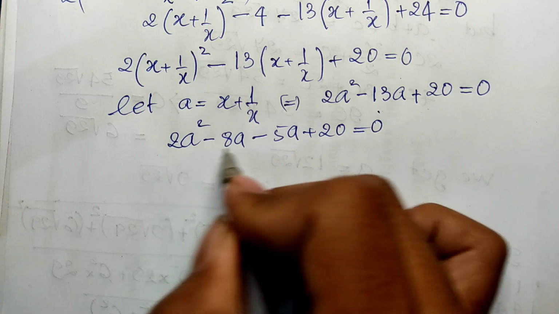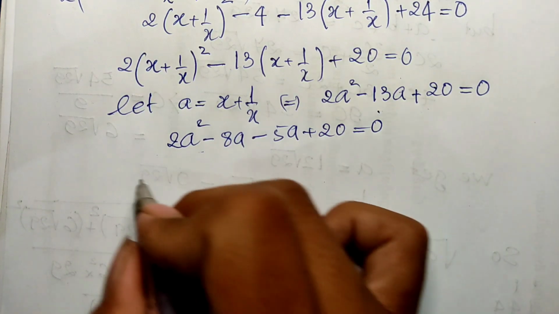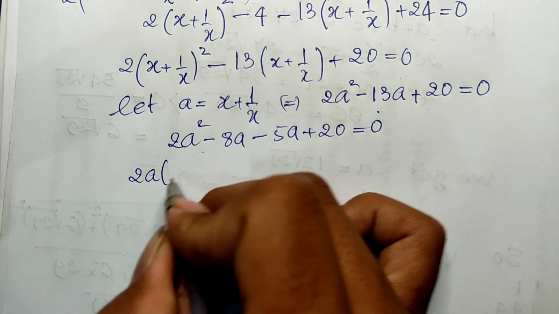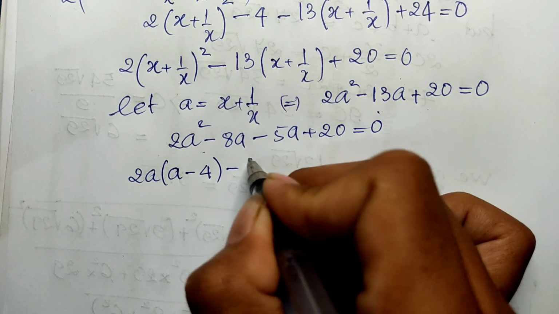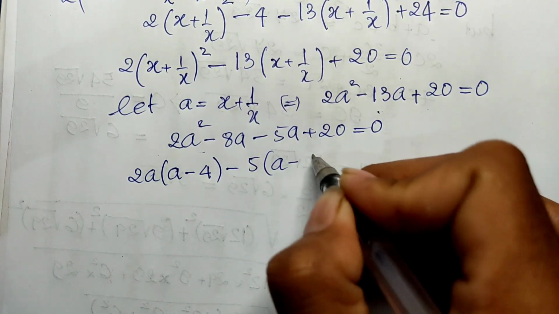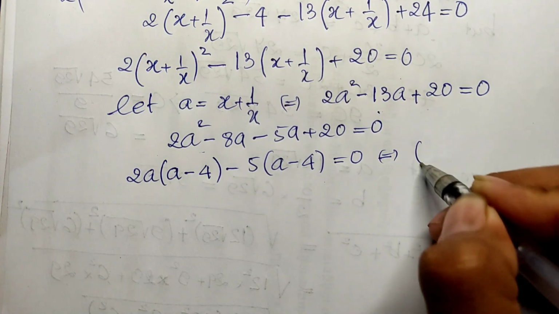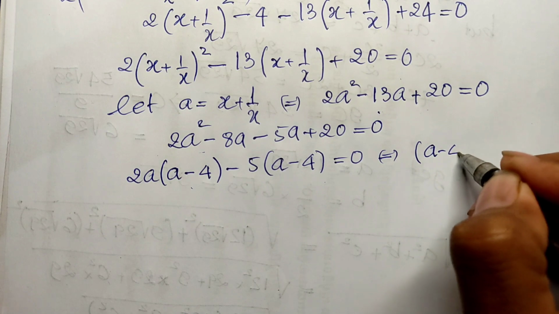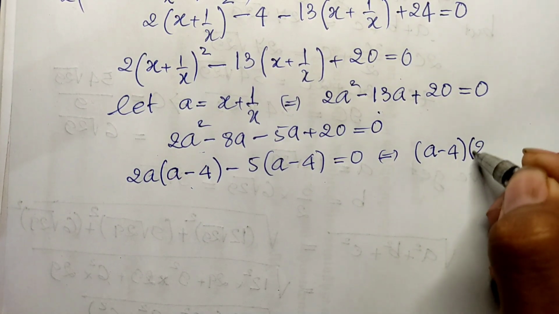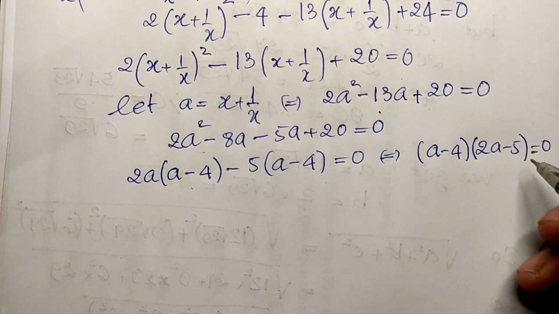And so I take 2a out. So now I get 2a multiplied by a minus 4, minus 5 multiplied by a minus 4, equals 0. And now I take a minus 4 out. I get a minus 4 multiplied by 2a minus 5 equals 0.